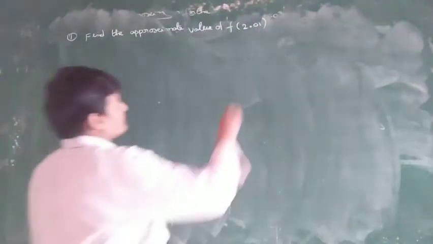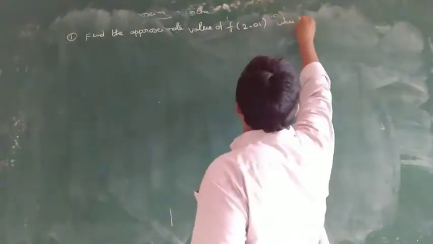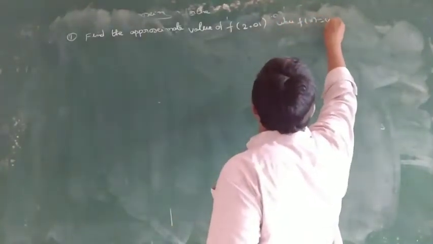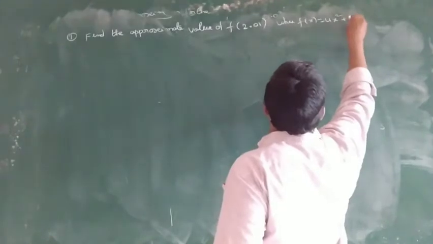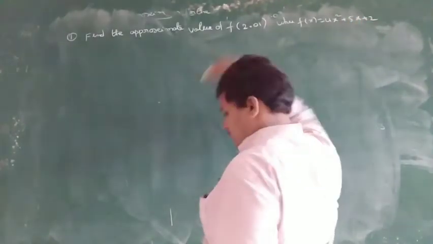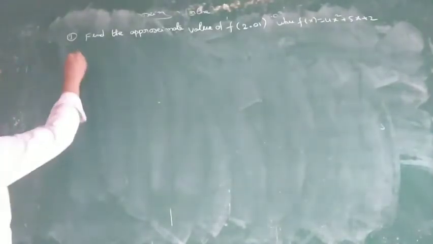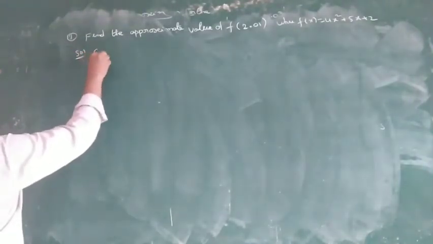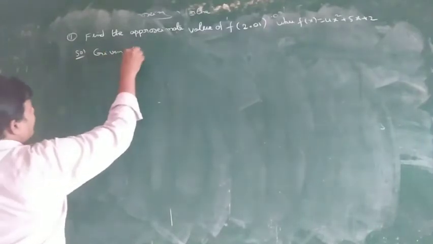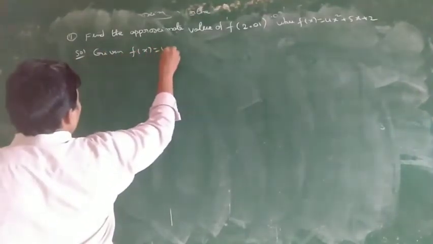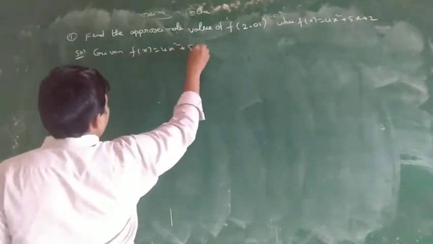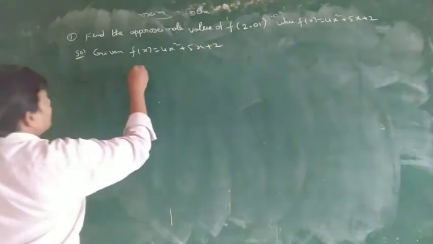Find the approximate value of f of 2.01, where f of x is equal to 4x square plus 5x plus 2. So solution, given f of x is equal to 4x square plus 5x plus 2.